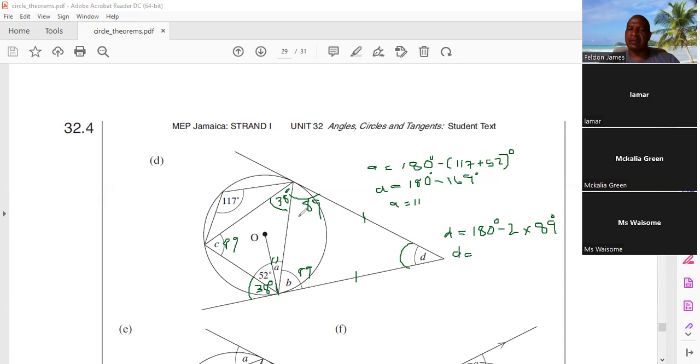And everything must add up to give you 180. So D would be 2 based on that calculation. Correct, guys? Yes, sir. Right. Any questions? All right, moving along.